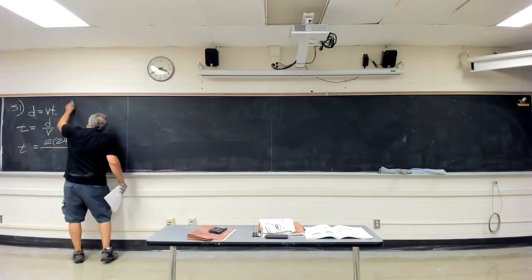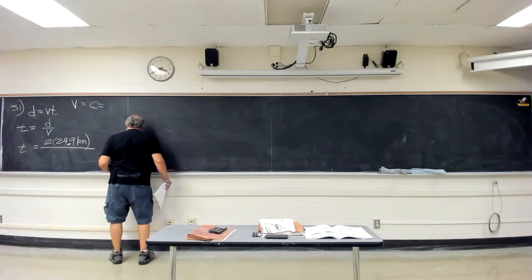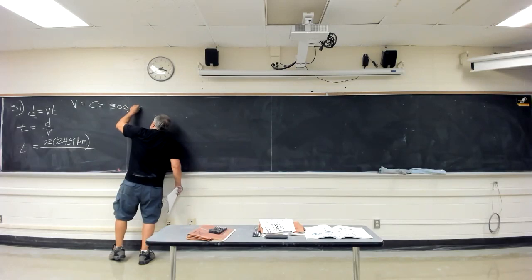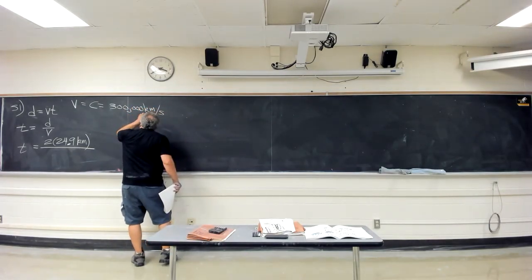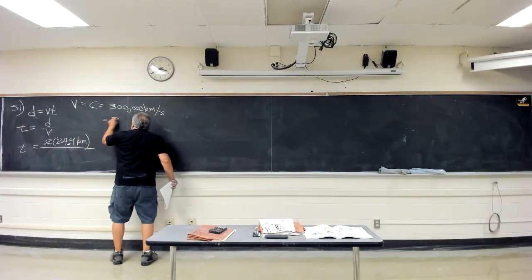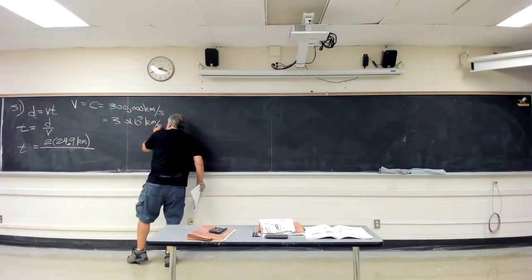The speed v, in this case, is the speed of light, which is 3 times 10 to the 8 meters per second, or 300,000 kilometers per second. Because if you put 1,000 onto this, you get 3 times 10 to the 8th. So this is 3 times 10 to the 5th kilometers per second.